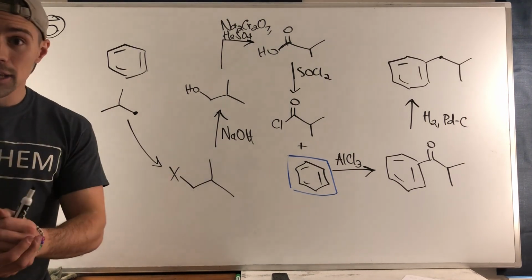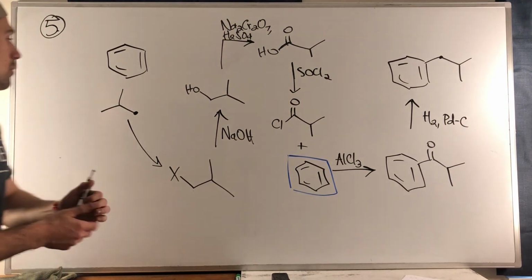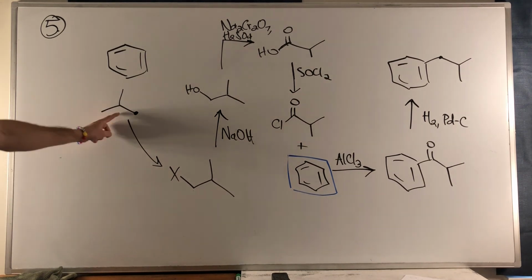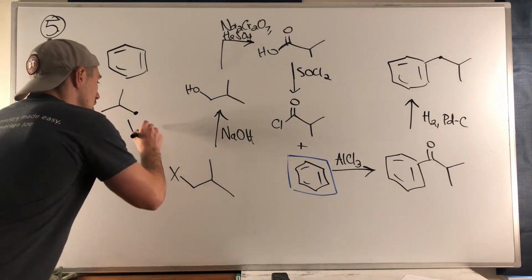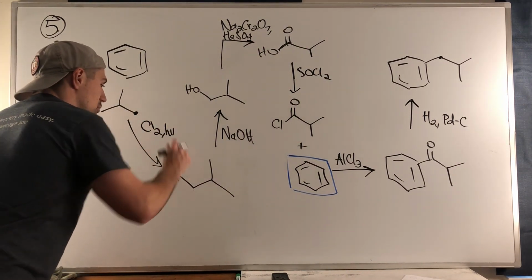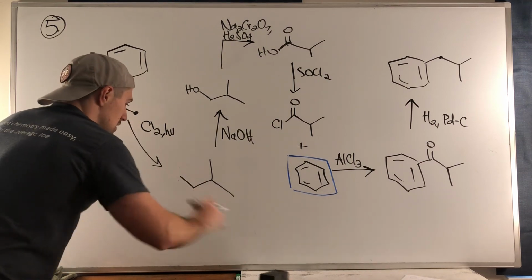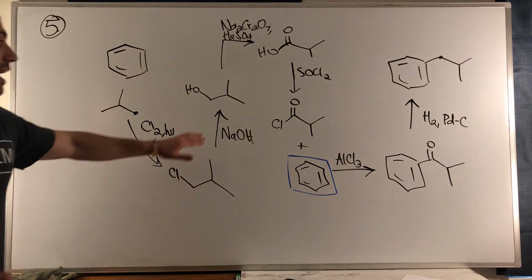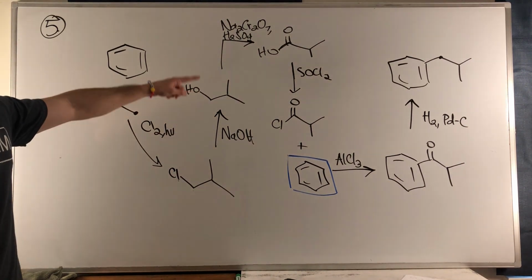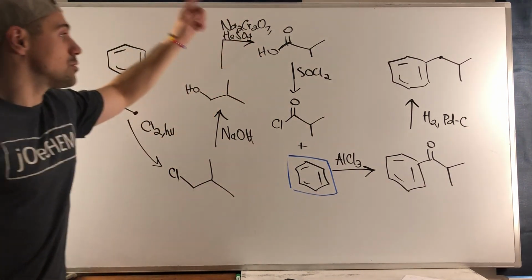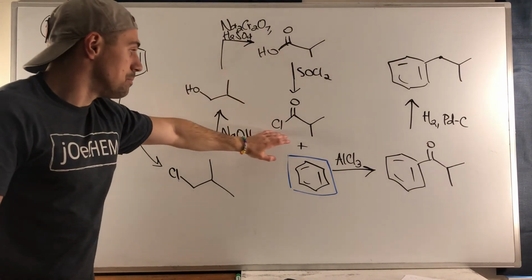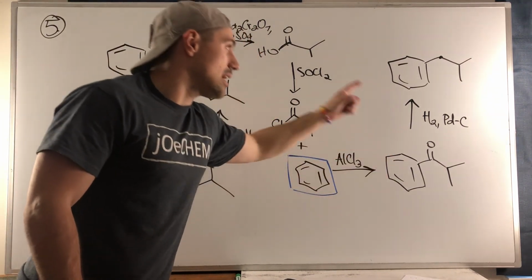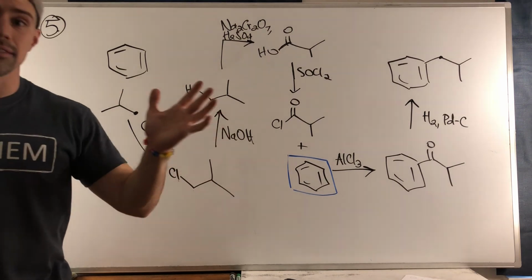Free radical bromination or free radical chlorination? Remember, bromine's the picky one. Bromine would go tertiary. So this is wrapped up with a little free radical chlorination to give us the primary chloride, which we then do SN2 to get the primary alcohol, which we then oxidize to the carboxylic acid, which we then replace with SOCl2, which we then Friedel-Crafts acylate, and then reduce to our final product.